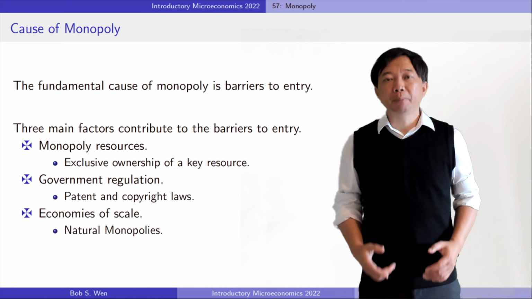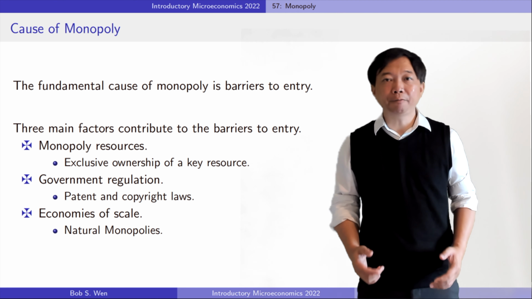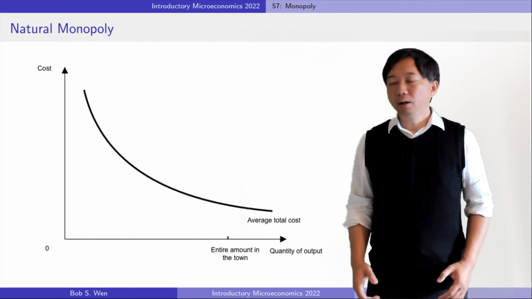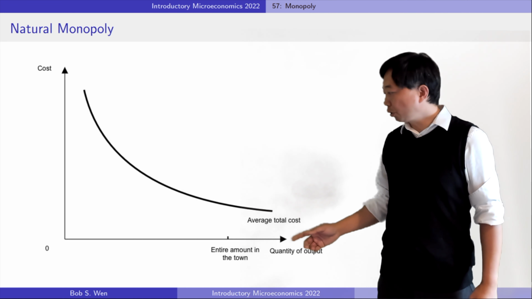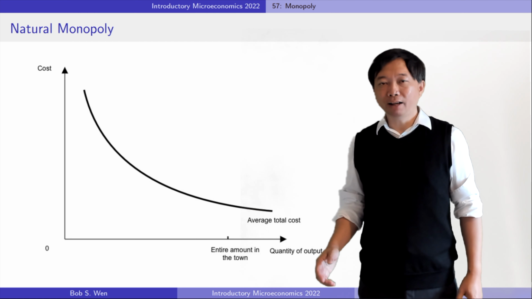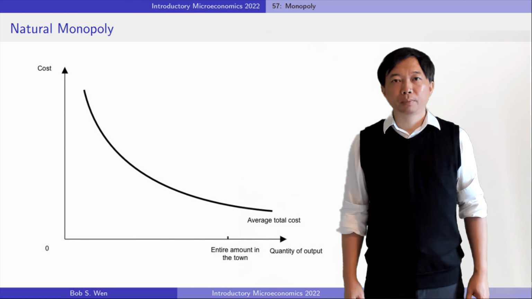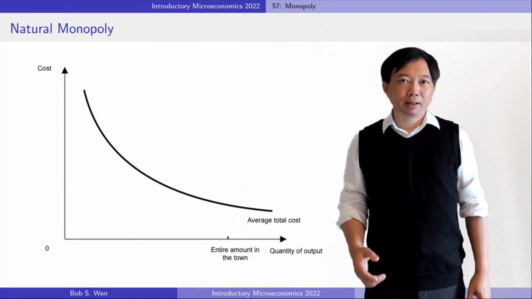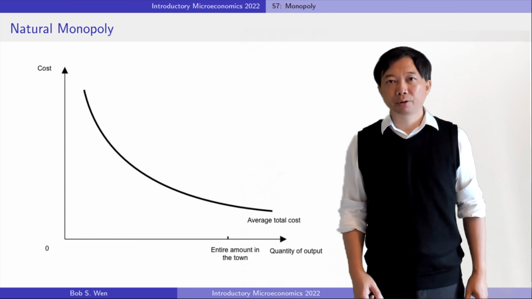A firm must build a network of pipes throughout the town, which is the fixed cost. The graph shows that a single firm's average total cost falls as output increases for all levels of output. In other words, there are economies of scale over the total market output.